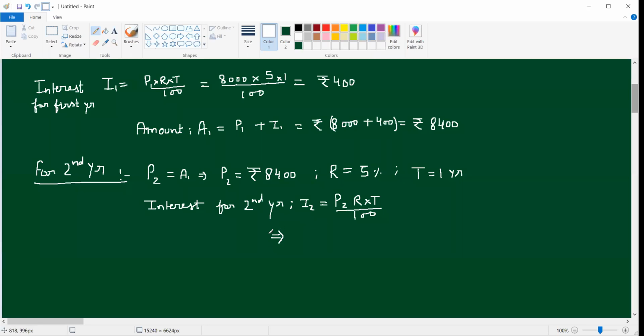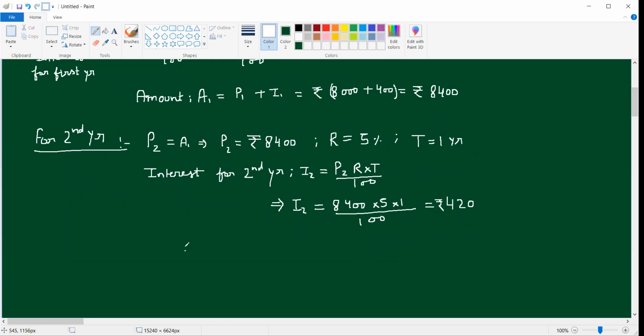Remember this, guys. You have to use the implies sign when we repeat an equation. Equation means wherever this is equal to is repeated again and again. So this is the whole equation I have to repeat, then I will use the implies sign before using is equal to again. After putting the values, we get 8,400 multiplied by 5 divided by 100 into 1. So what we'll get? 420 rupees. So this is the interest for the second year.